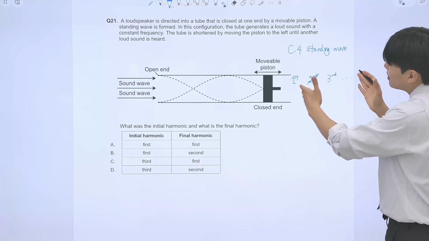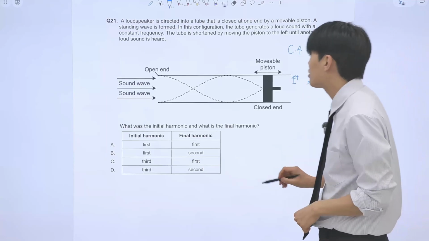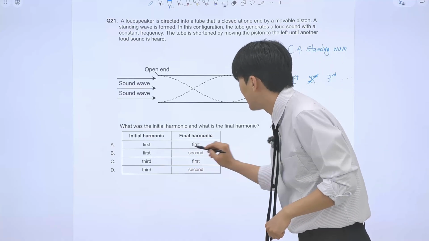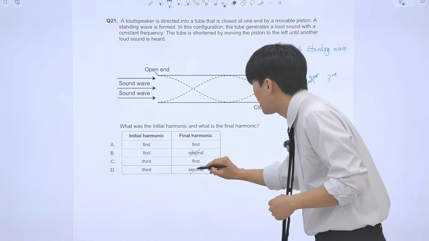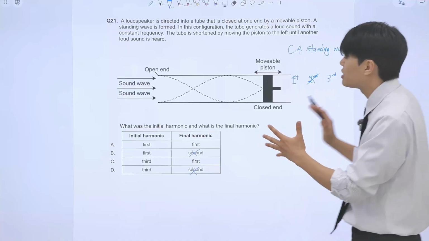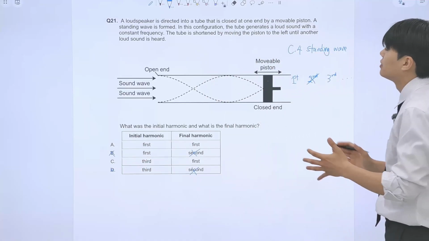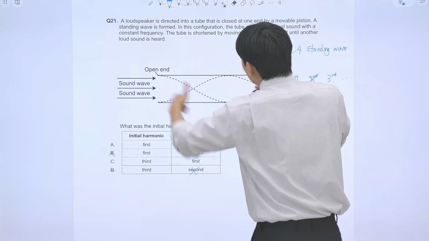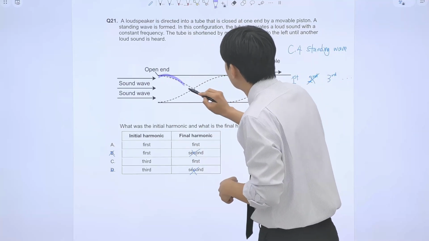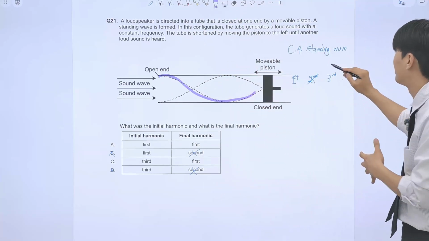If you know that fact, you can cancel out that second. It cannot happen. It simply cannot happen. And B and D just cancel out. But firstly, when you look at this part here, that is the third harmonic, right?